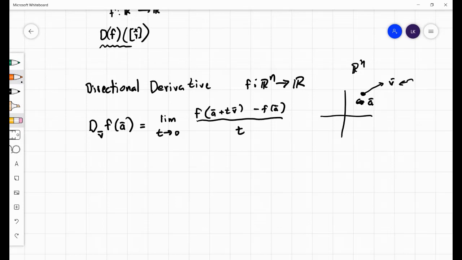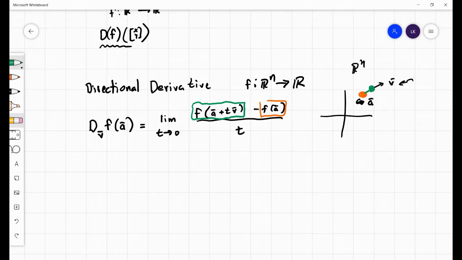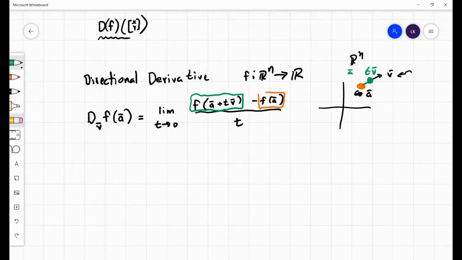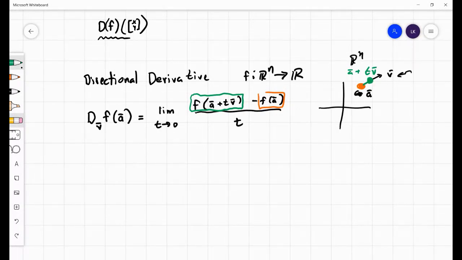So this part is just what the function's value is at point A. And this part would be what the value of the function is a little bit removed from A in the direction, right, as a multiple of v. So you're finding the value of the function at the orange point and then at the green point, and you're finding the difference, so the change in the value of the function, and you divide by t.